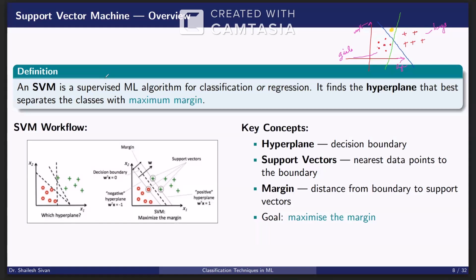But with the green hyperplane, I can say this is a girl. So which hyperplane is correct? There will be n number of hyperplanes, right? These are all different possibilities for a hyperplane. Are you getting my point?